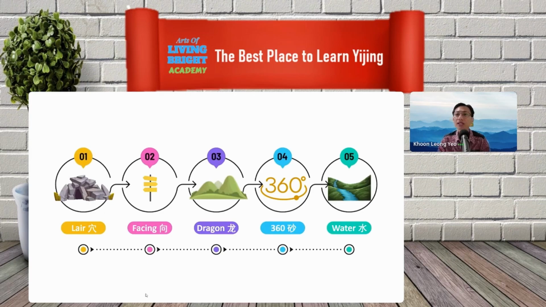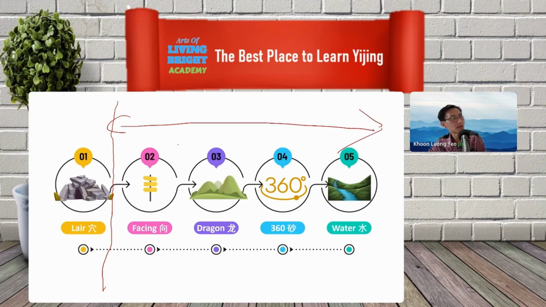So different things. Lin, what is layer again? Layer is the nest. Nest basically means your unit. So what happens here is that external form feng shui focuses more on this part here. The interior form feng shui, this is the part.